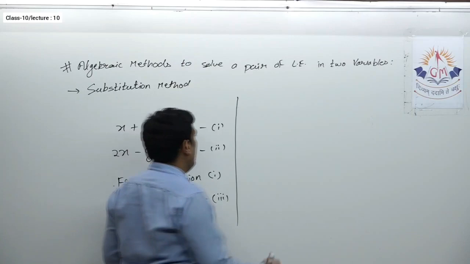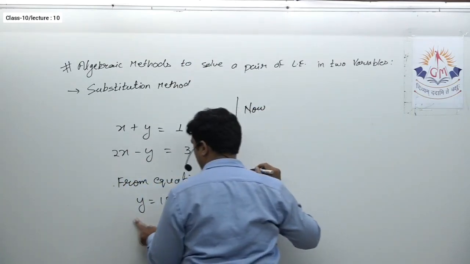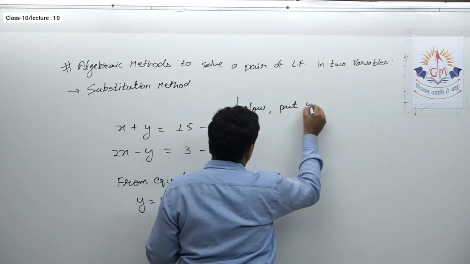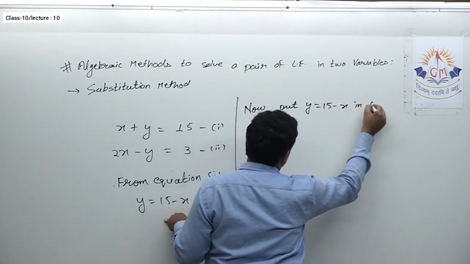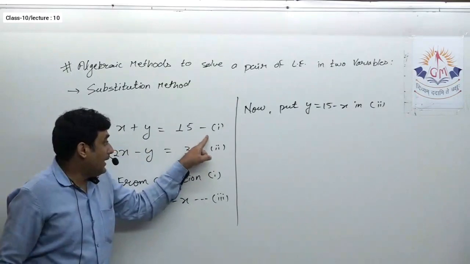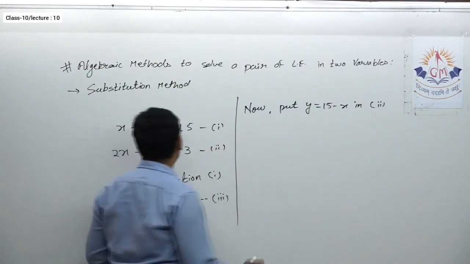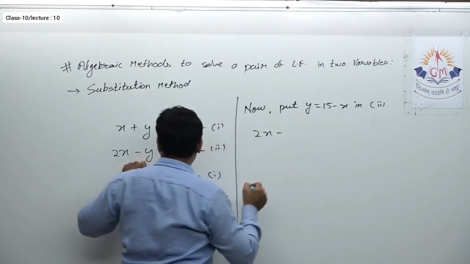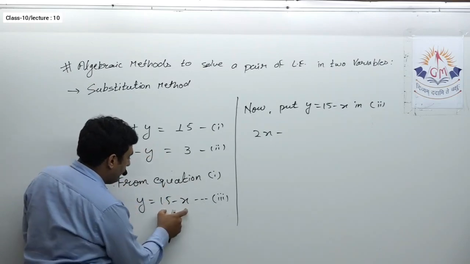So here, I will now put y is equal to 15 minus x in the second equation. Again I am giving you a hint: as I got the value from the first, I will put it in the second. So this is 2x minus y equal to 3, and in place of y I have to put this.